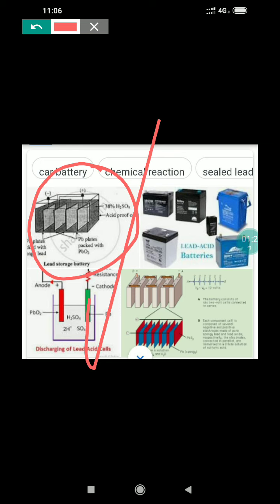Means negative plates, that is lead plates, called as anode, and positive plates, that is cathode, which is a lead plate impregnated with the lead oxide. And negative and positive plates are alternately fixed and provide a large reacting surface.